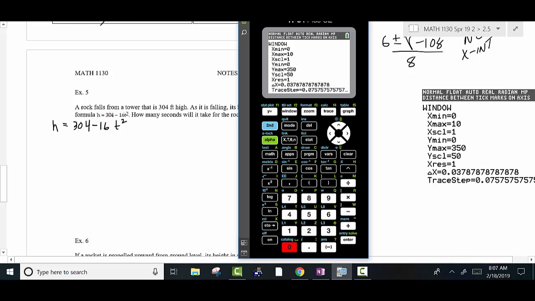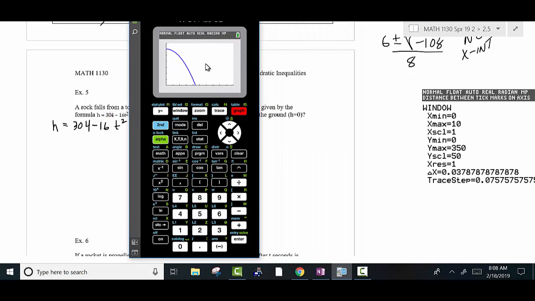That looks like a good picture. You've got the 304 here, and then it just goes down. You have to find out how long it takes to reach the ground. It reaches the ground at this point right here, about between 4 and 5 seconds. That's what I can tell from my graph.